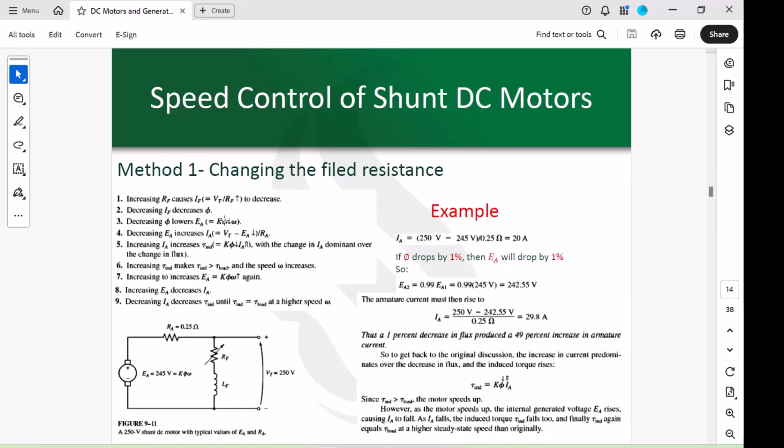Because EA is K phi omega. So EA2 becomes this much, 242. However, the armature current would be a 49% increase. So that's why we say here in the tau equation, IA would be the dominant component. All right?